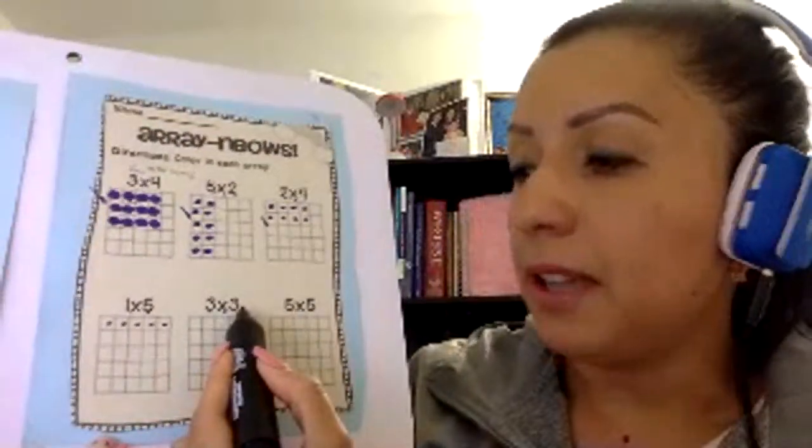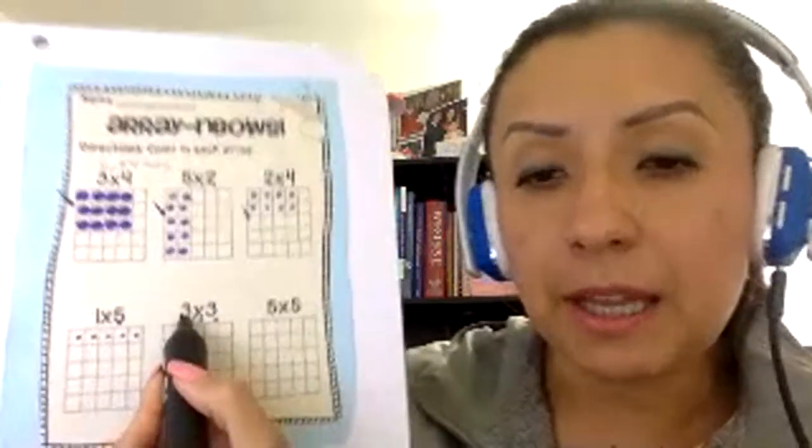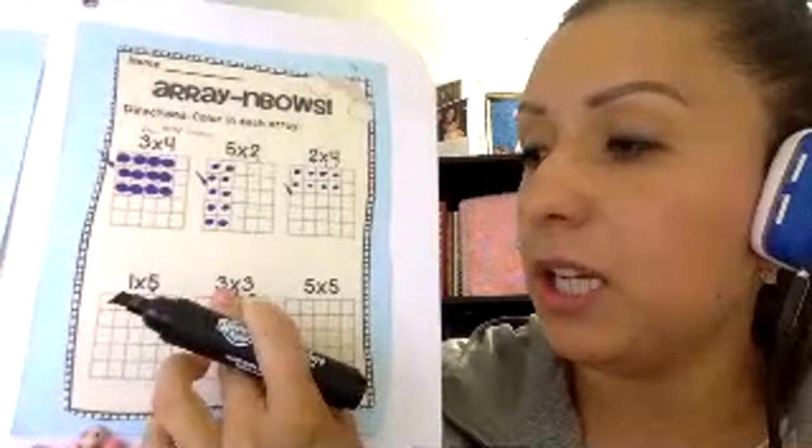Now, the next one. 3 times 3. How many rows or how many groups do we have to draw? In this case, 3 times 3.